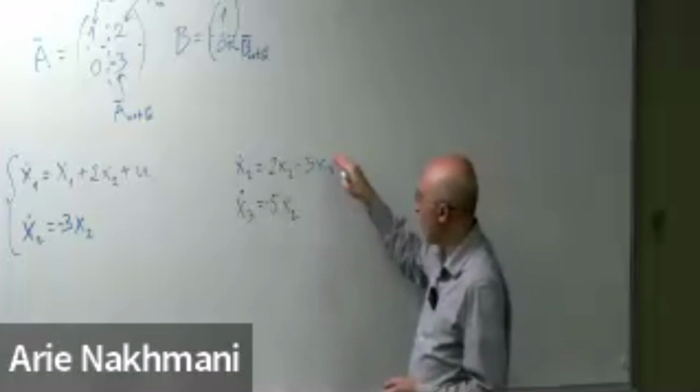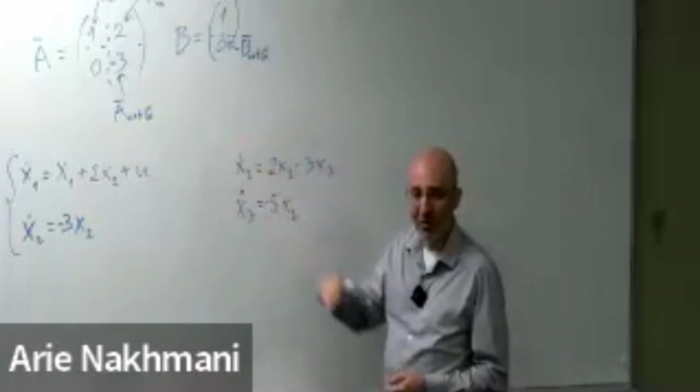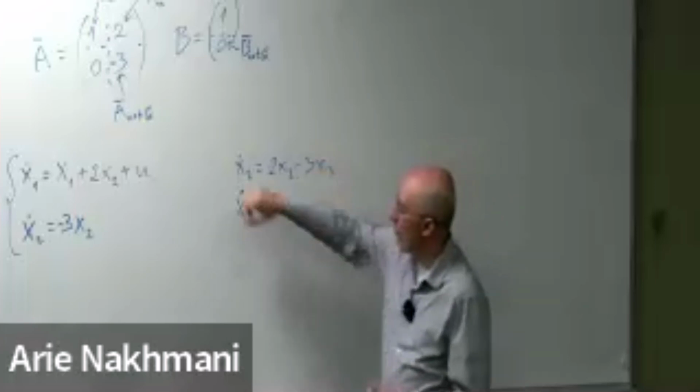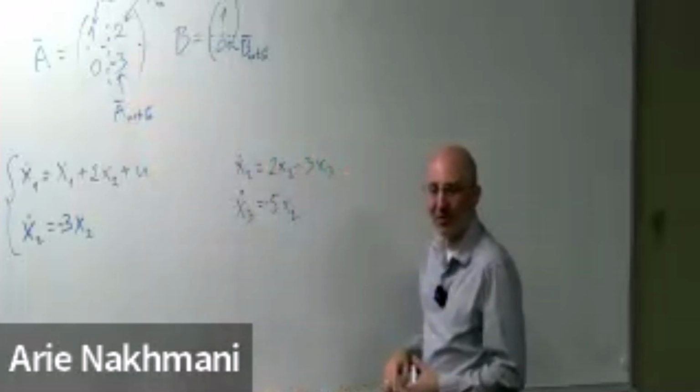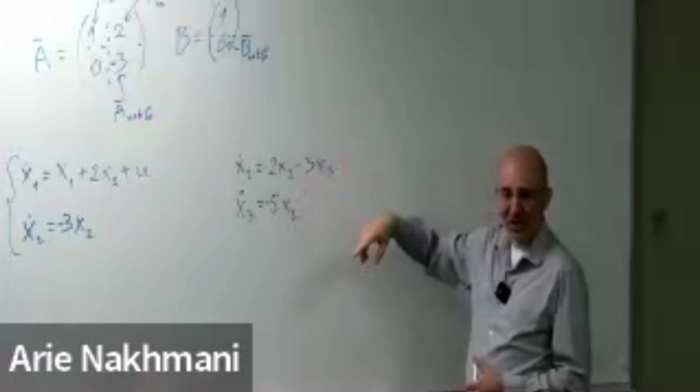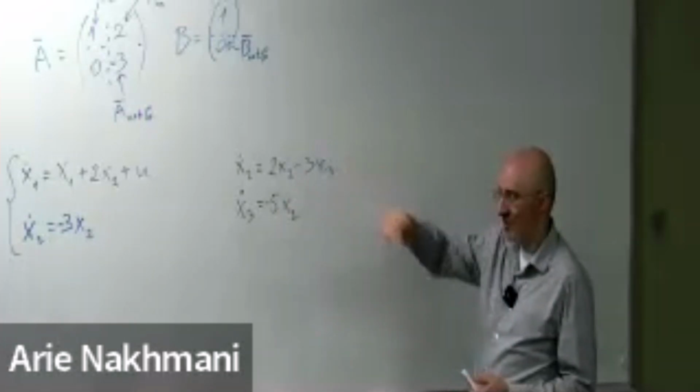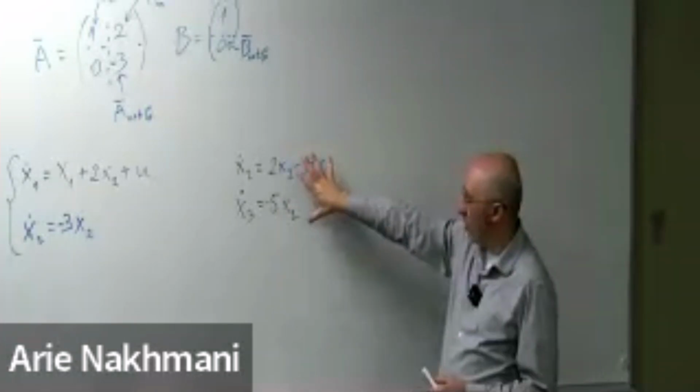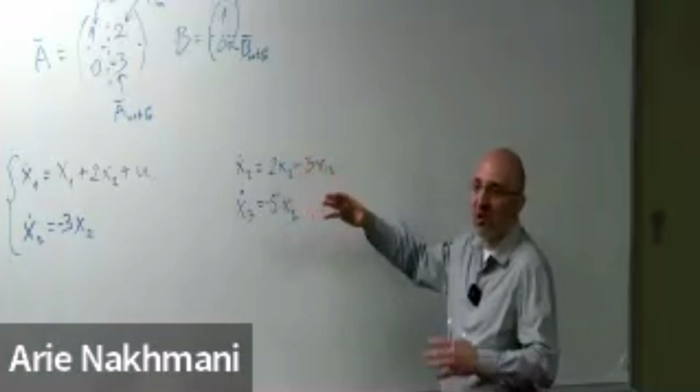If that subsystem, the block, and this is exactly what you will have here in that canonical form, has these coefficients and is not controllable, you cannot do anything.